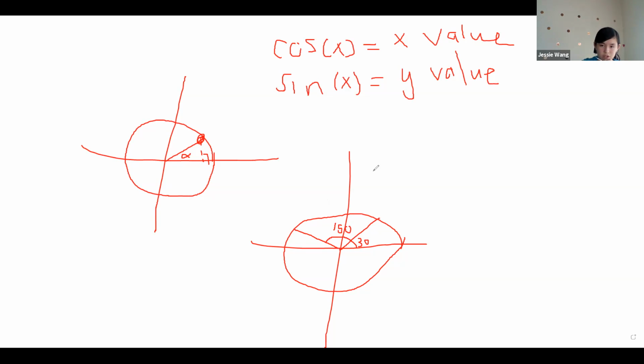So we can flip this over the y-axis and get 150 degrees right here. And so this part is 30 degrees, technically. And so we'll see that since we just flip this over the y-axis, their sine is going to be the same because their y value is going to be the exact same. That's why sine of 180 degrees minus x is still equal to sine x.